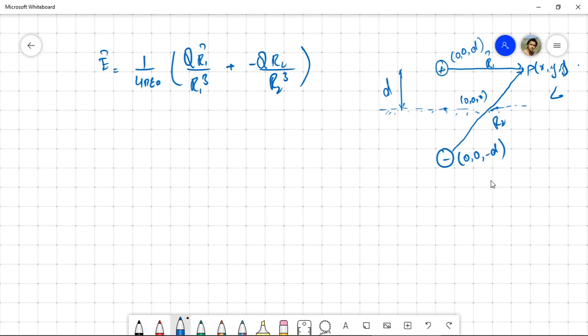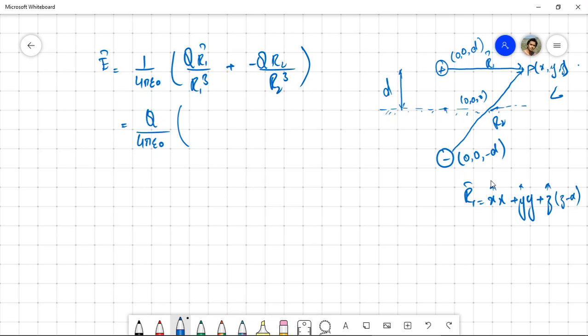Now what we'll do here is take the q common, q over 4 pi epsilon, and put in the values of r1 in order to calculate it. We know the value of r1: x minus 0, that is x hat x, plus y hat y minus 0, this is y, plus z minus d, so z hat (z minus d).